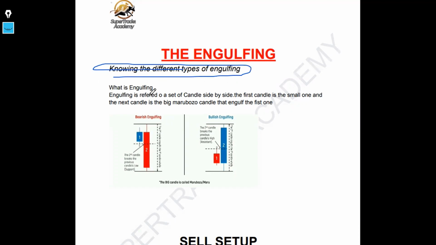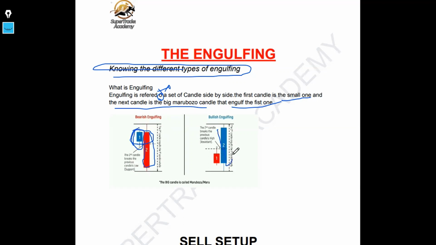What is engulfing? Engulfing refers to a set of candles, where the first candle is a small one, and the next candle is a big Marubozu candle that engulfs the first candle. So this is the first candle, and this is the second Marubozu candle, which engulfs this first candle.